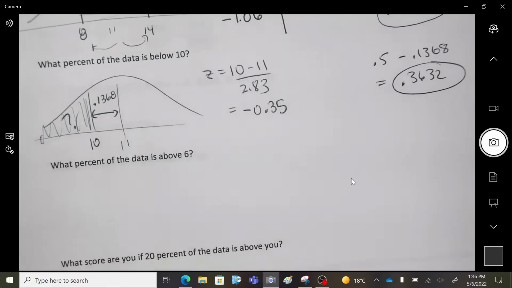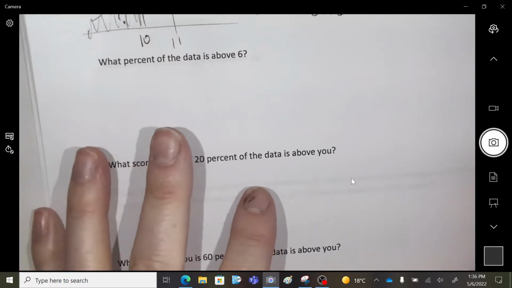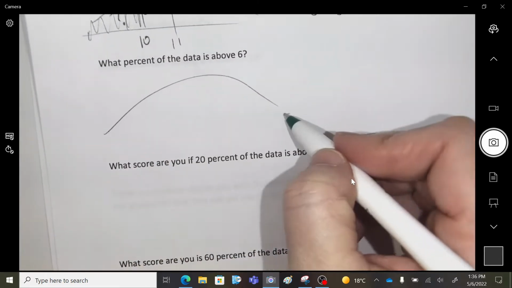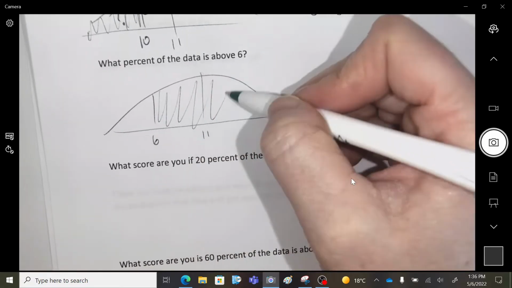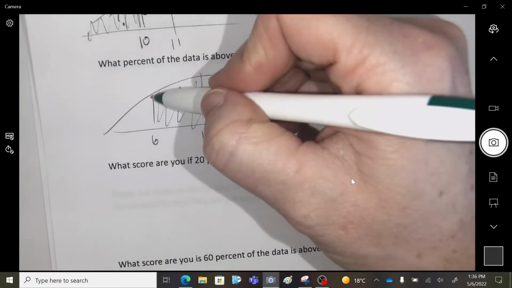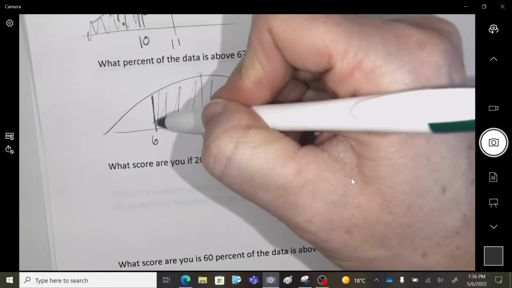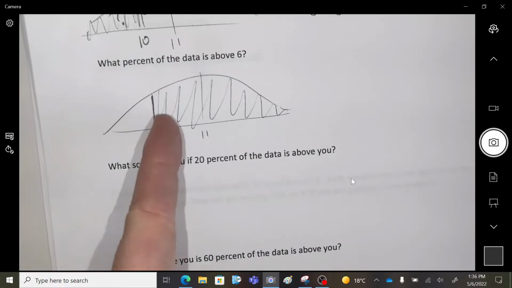Okay, one more like that. So what percent of the data is above 6? So that's what I'm looking for. Okay, because 6 is here.